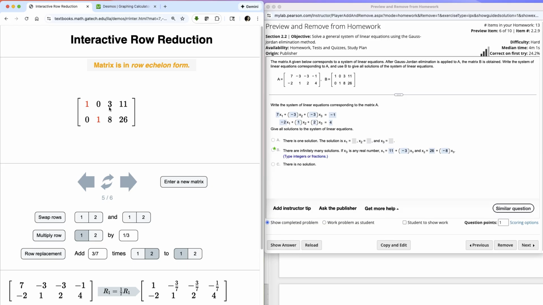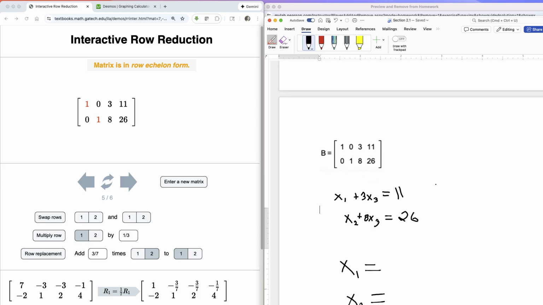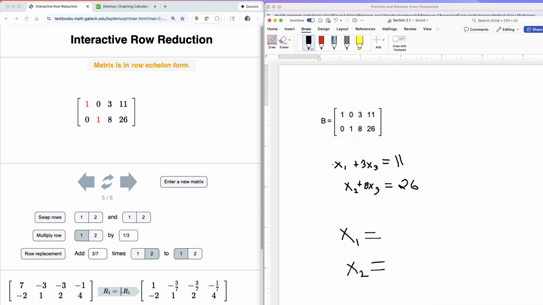Now we can see what we have: x1, x2, and these are x3. So let's see how that corresponds with the matrix. I write it out. 1x1 plus 3x3 equals 11. 1x2 plus 8x3 equals 26.